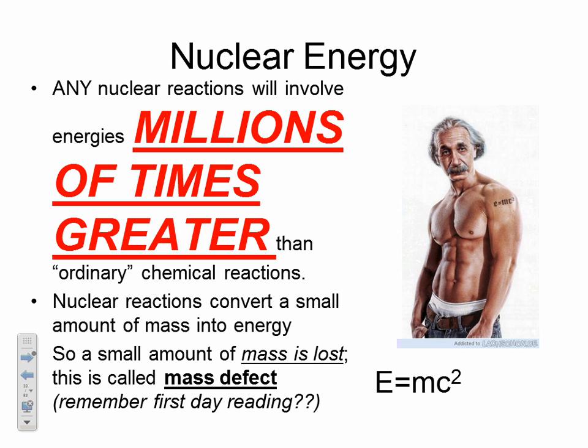Any nuclear reaction, and this is a huge point, will involve energies that are millions of times greater than any ordinary chemical reaction. You get way more energy from a nuclear reaction than you do even from combustion, which is one of the most exothermic chemical reactions that exist. But combustion does not hold a candle, pun intended, to any sort of nuclear reaction. You get so much more energy.